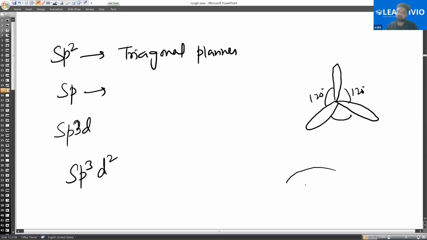The two orbitals can have maximum repulsion when they are placed at 180 degrees. The shape will be linear. Understood?